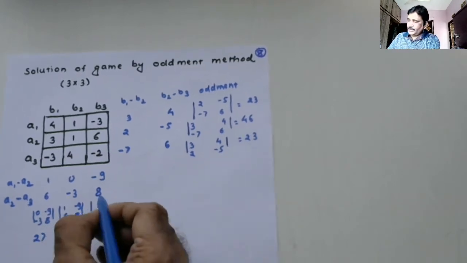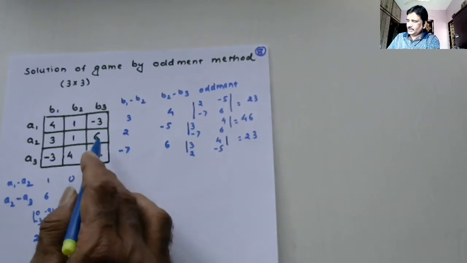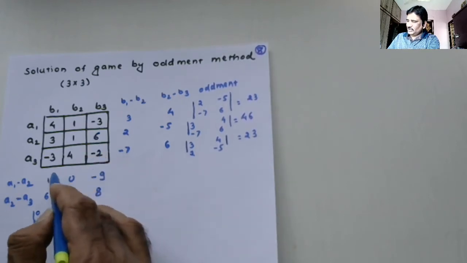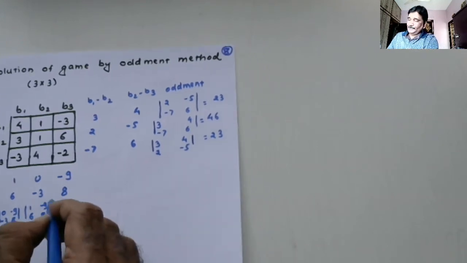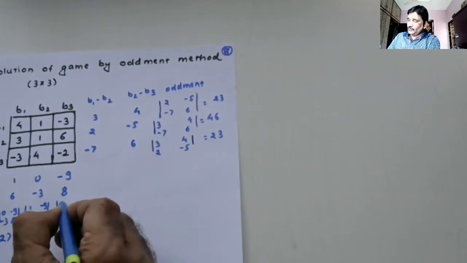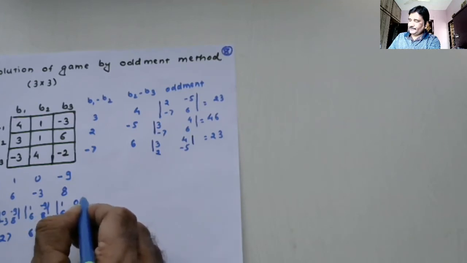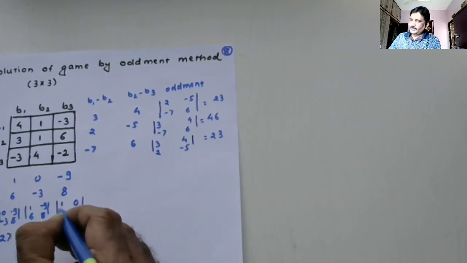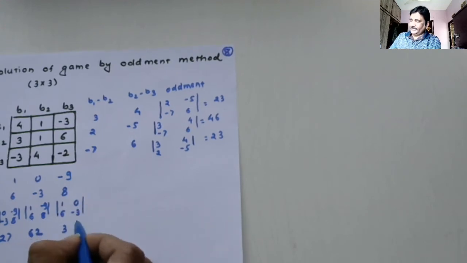So the last determinant is coming because of these two columns. Just excluding the values in this column, you write the determinant for the columns remaining. So 1, 0, 6 minus 3. Find the value of this determinant. Minus 3 plus 0, simply 3.